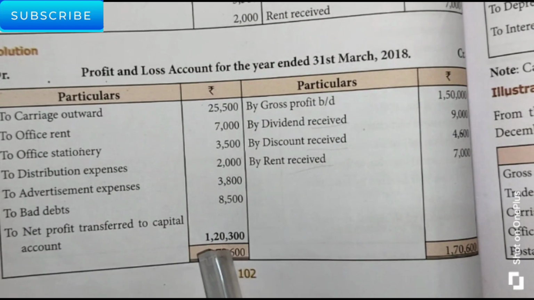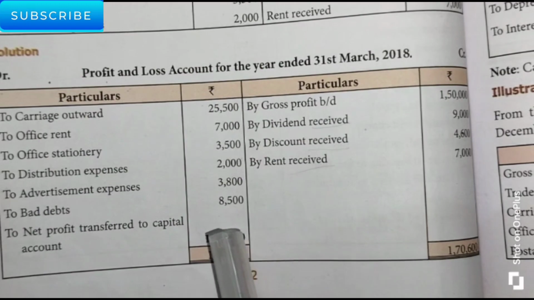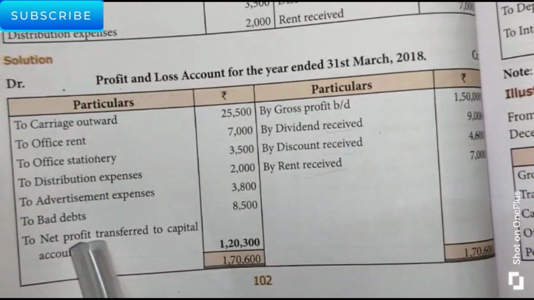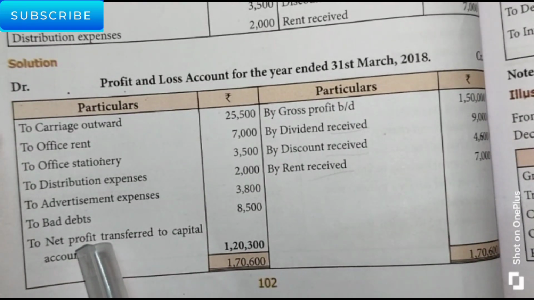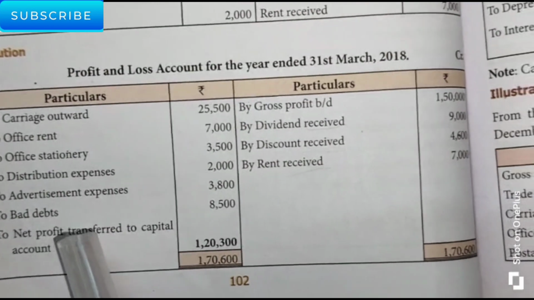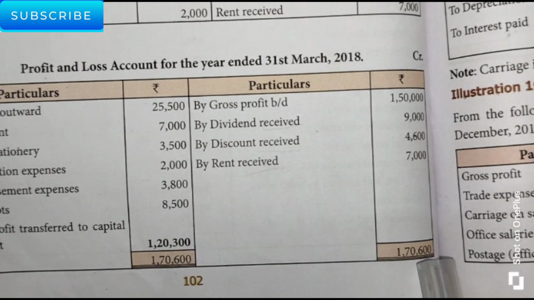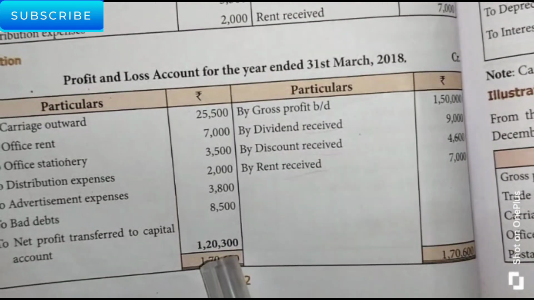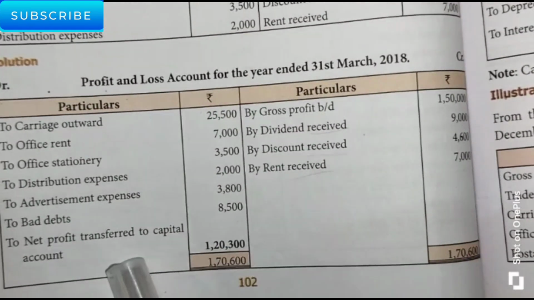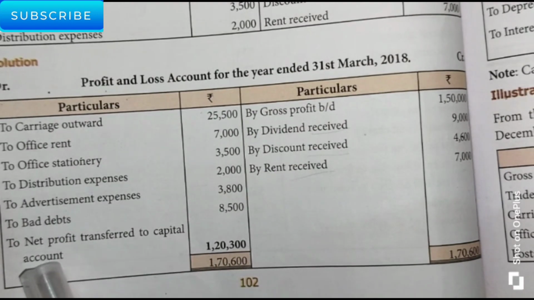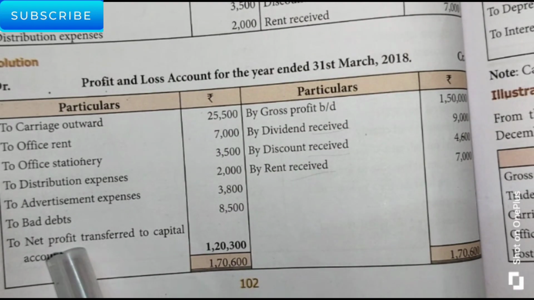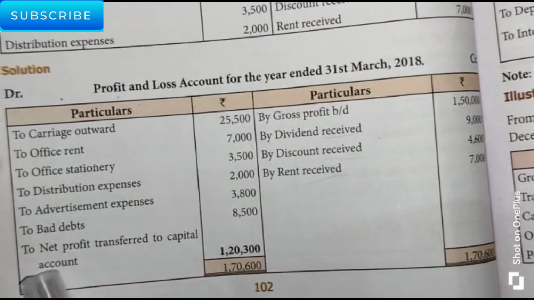We will get 1,20,300. So this is the net profit of the profit and loss account. Listen, if the credit side has the higher value, the difference amount is on the debit side, and you get net profit. The net profit is transferred to the capital account.